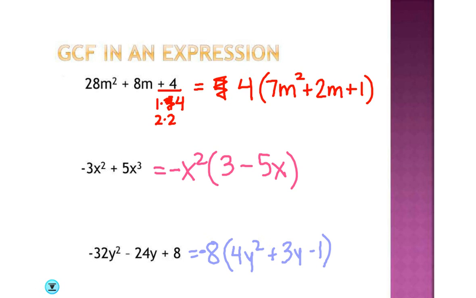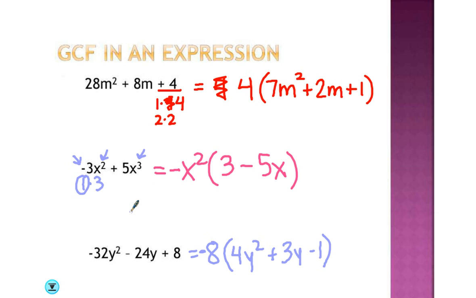All right, so hopefully you're able to get these ones correct. Now this first one might have been a little tricky because my leading term was a negative. So if I think about my factors of this number, it's just 1 times 3. Well, 3 does not divide nicely into 5, so my only option here is the 1. However, since my leading term is negative, I have to take out a negative 1. And then I was able to take away some exponents from these, so a couple of x's.